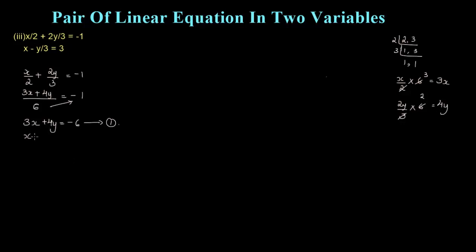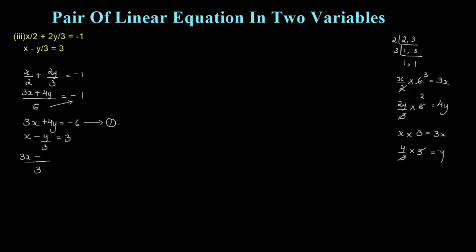You have here x minus y by 3 is equal to 3. Right? So what will be the LCM here? 3 again. And what is the first fraction? x. x is the fraction because x divided by 1, I can write it. So x into the LCM, 3. So it will be 3x minus, the second fraction is y by 3 into LCM 3.